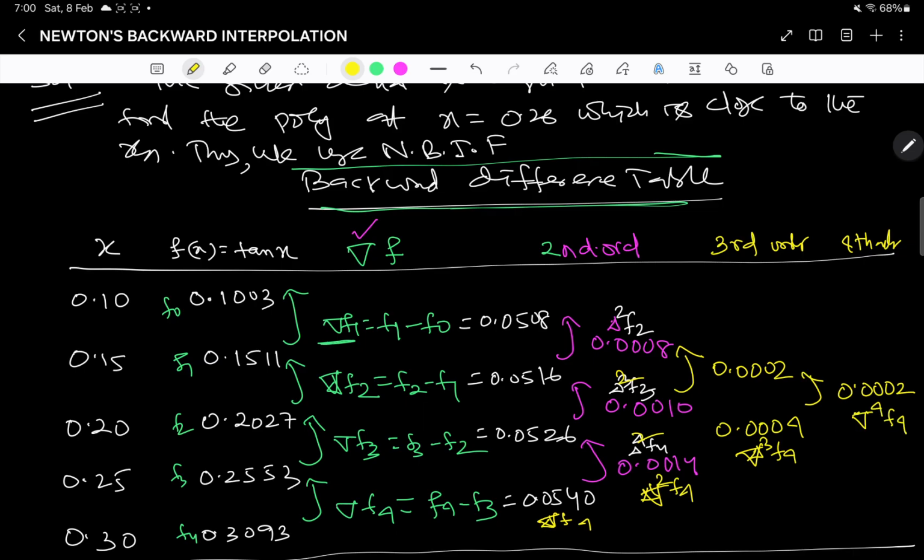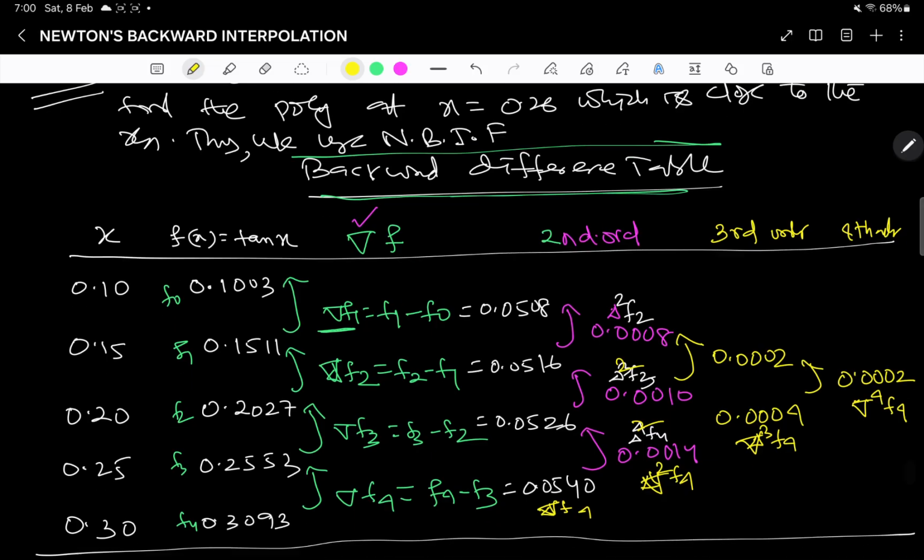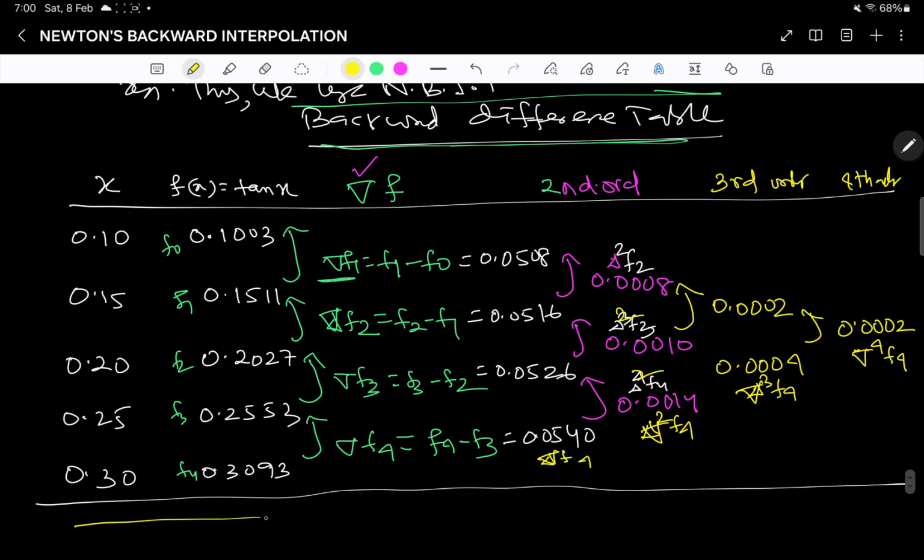Okay. So now we use this only for your backward computation. We use x4, which is my xn here. So actually in backward I use this only.